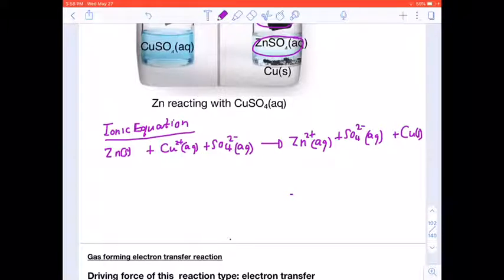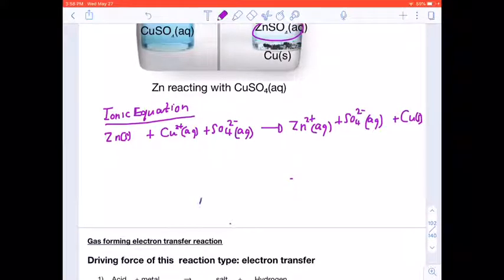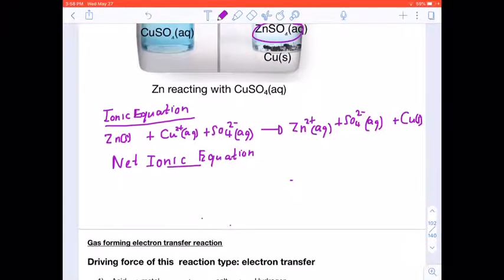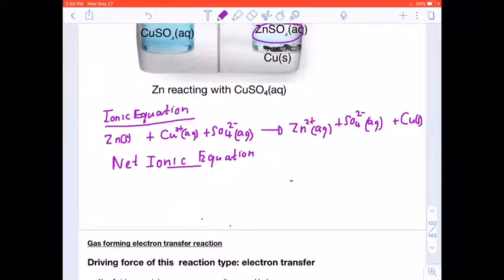If we look at this now, let's say we want the net ionic equation, the net ionic equation.